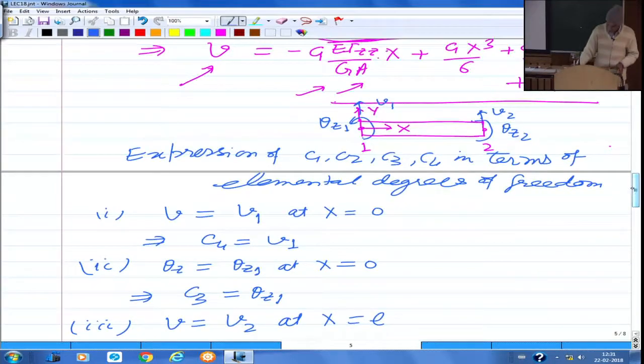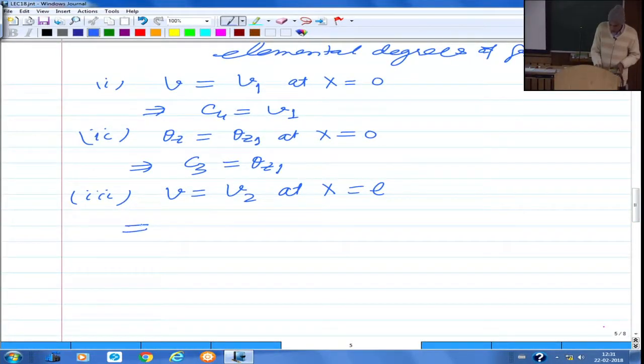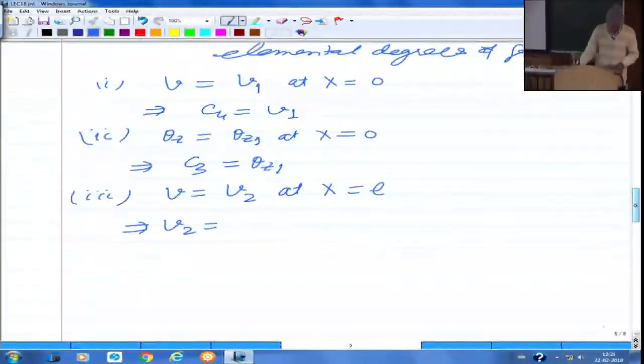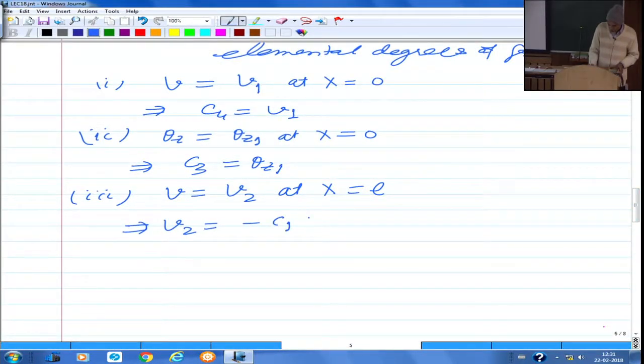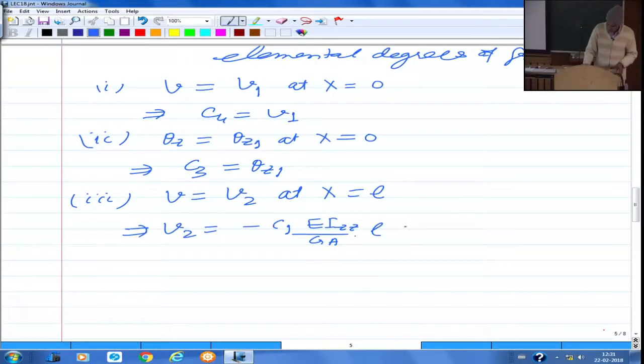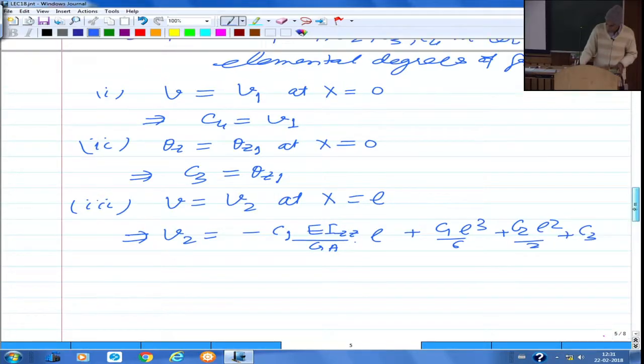The first one is minus C1 into EIZZ upon GA into L, that is the first term, and then you have the other terms, which are C1 L cube by 6 plus C2 L square by 2 plus C3 into L plus C4. Out of this, C3 and C4 you have already got, so you have one equation in C1 and C2.